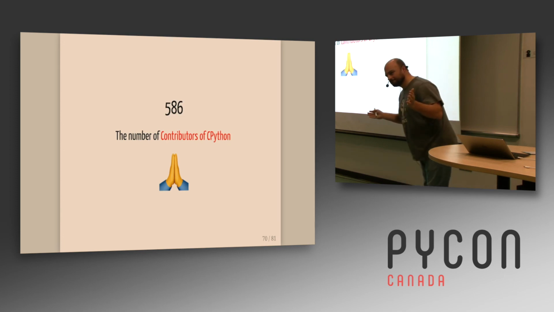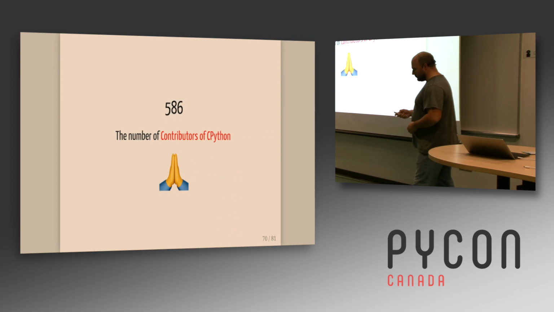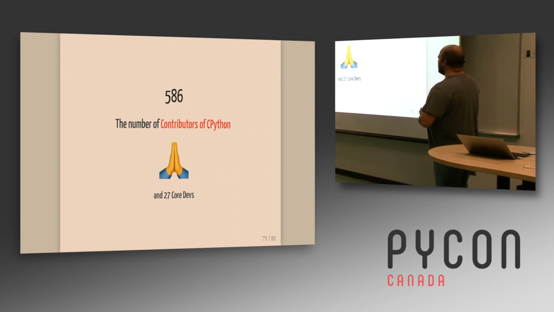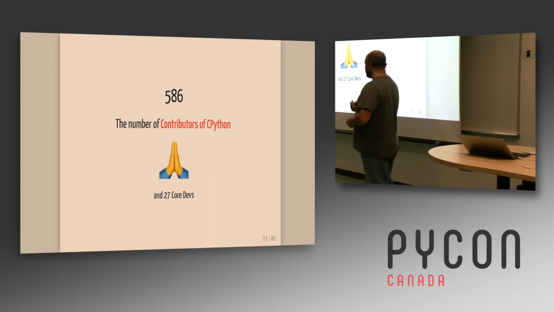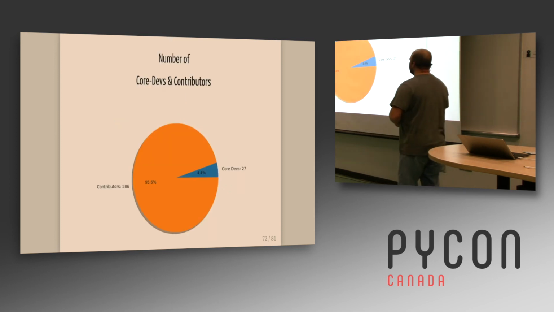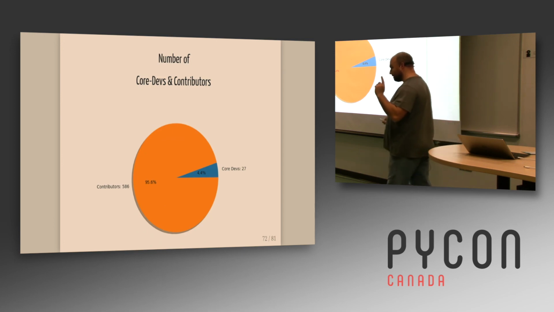Thank you. Without you, Python would be slower. And only 27 core devs. So you can see the number of core devs and contributors: 500 contributors, 27 active core devs.